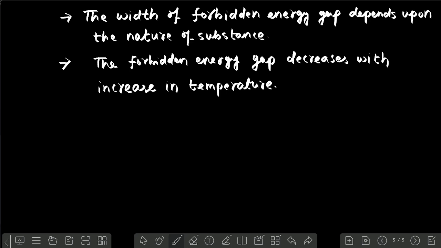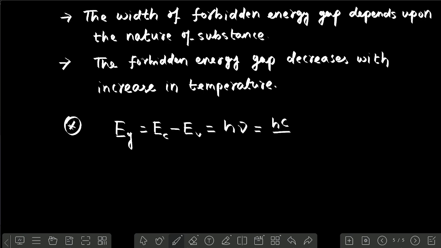And one point to write here, a star mark point. Eg is basically EC minus EV. This one you came to know. And this one you can also write as h nu. This is the energy gap actually. So h nu, or you can write hc by lambda.